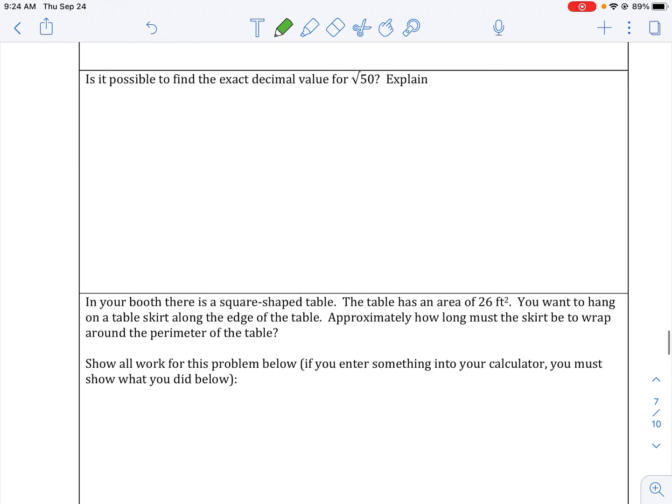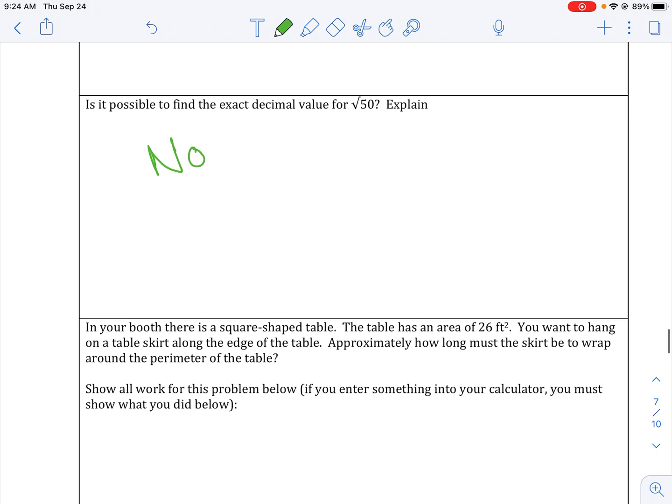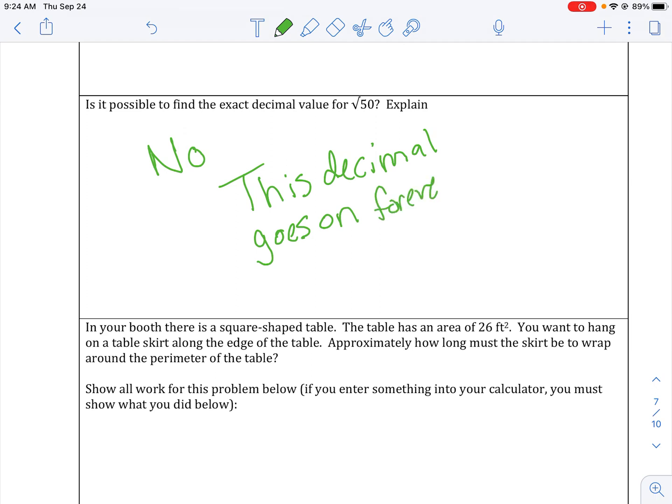Is it possible to find the exact decimal place for the square root of 50? The answer is no. When you plug a square root into your calculator and you get a decimal, this decimal goes on forever and never repeats.